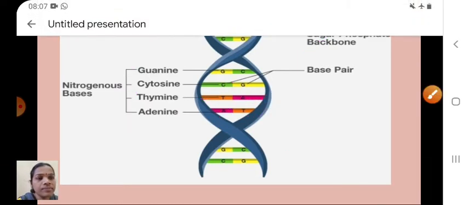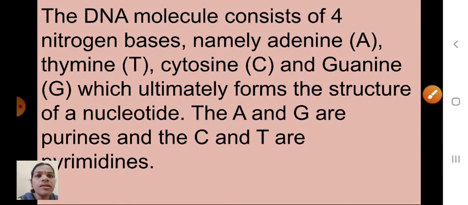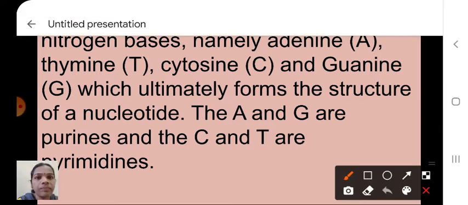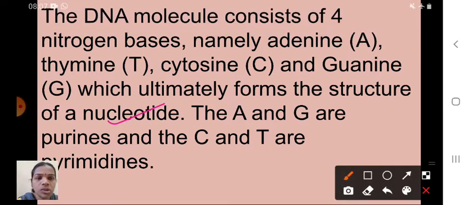Next one is, see here, as I told, the DNA molecule consists of four nitrogen bases, that is adenine, thymine, cytosine and guanine, which ultimately form the structure of the nucleotide, the unit of DNA structure. The adenine and guanine are called what? Purines.